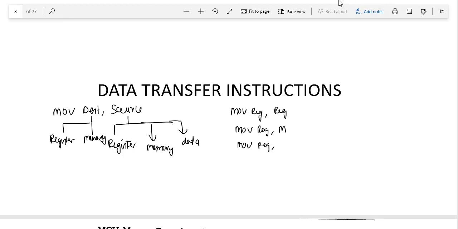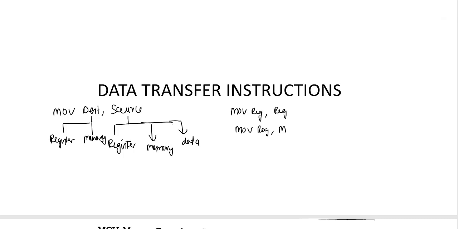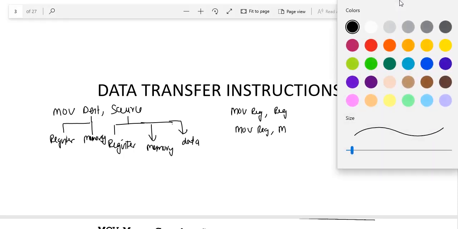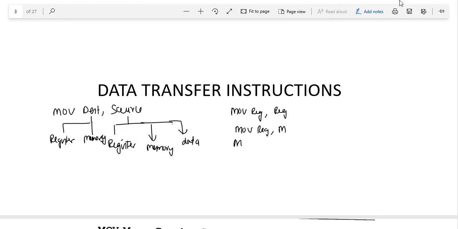In the case of immediate data, we have to write an MVI instruction: MVI register, immediate data. Now if the destination is memory, then the instruction will be move memory comma register.